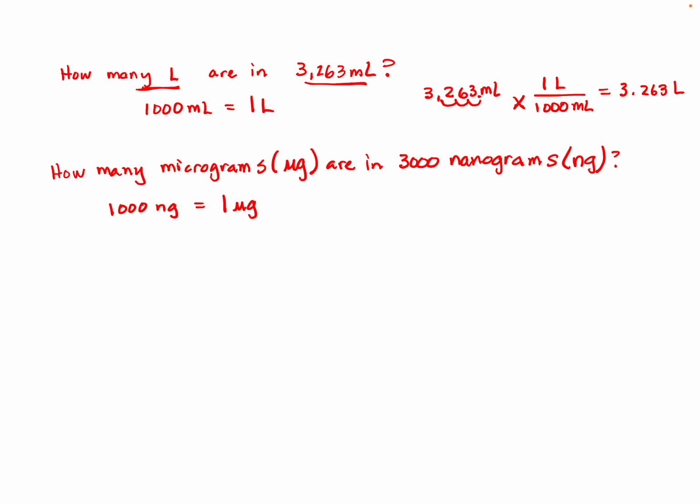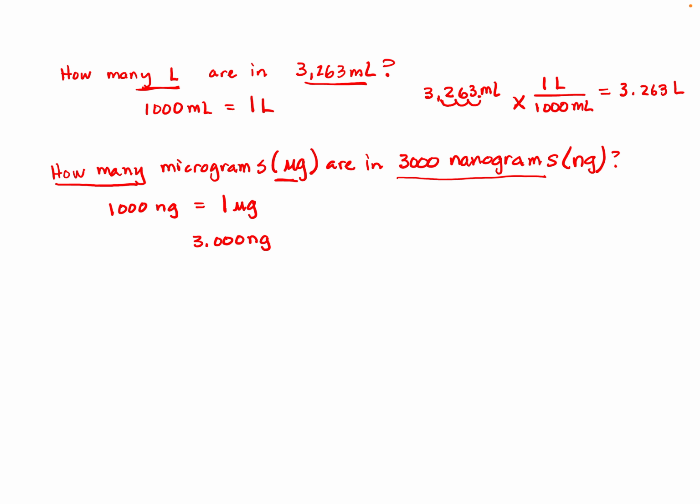All right, do we have the final answers? Last chance. Best guess. All right. So here, again, we know we start with the 3,000 nanograms, so we can write that out. We want to get micrograms, so what needs to go on top?